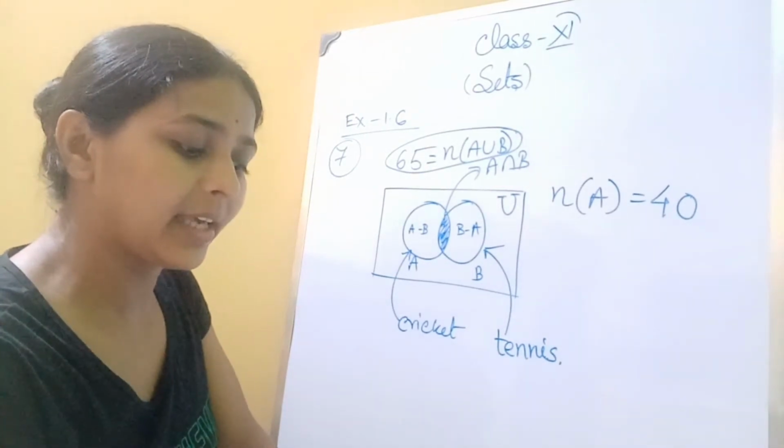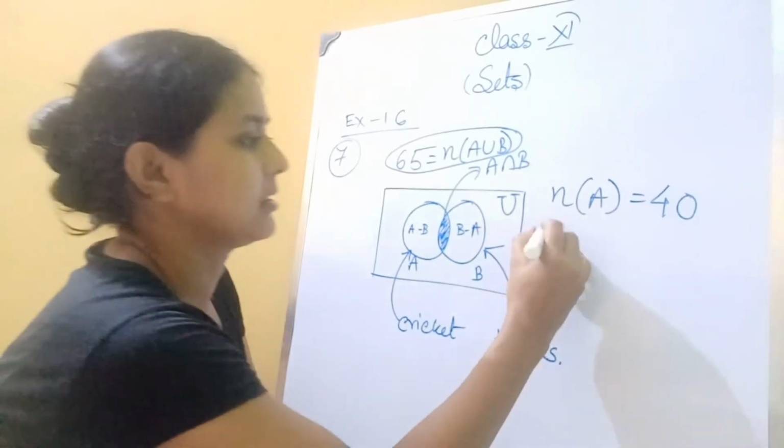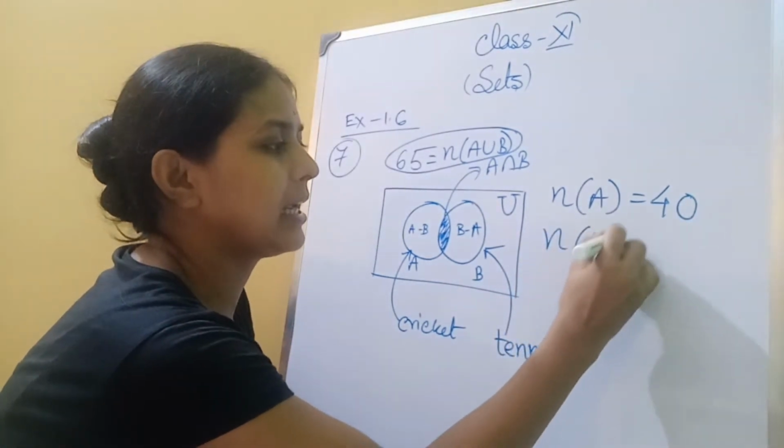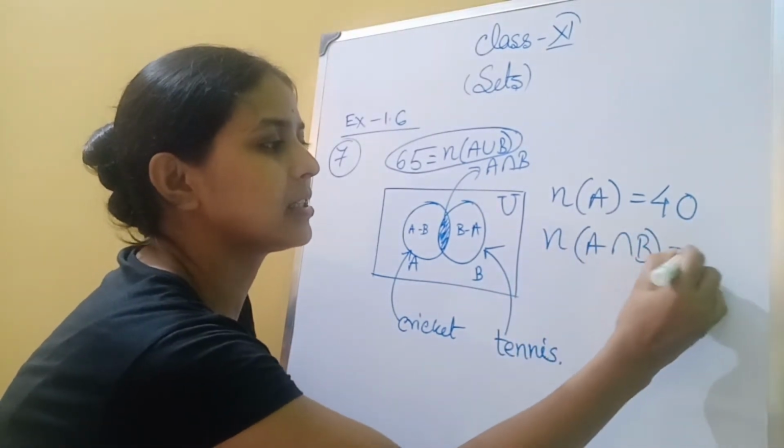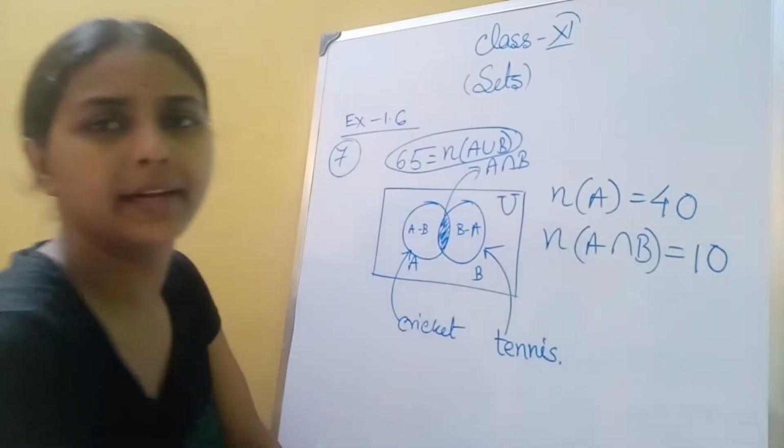Then 10 like both cricket and tennis, so n of A intersection B is equal to 10.